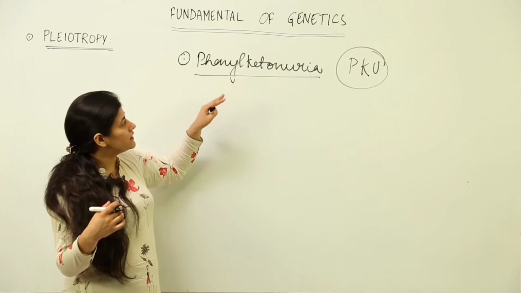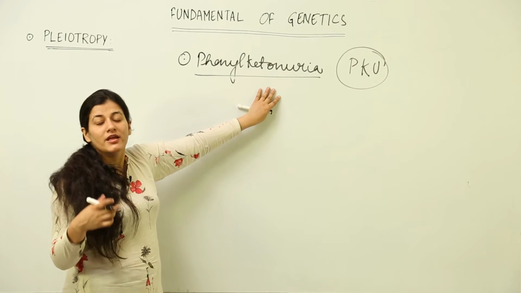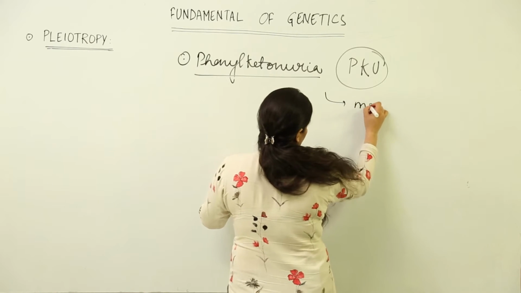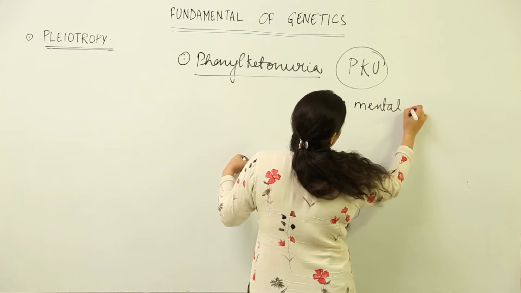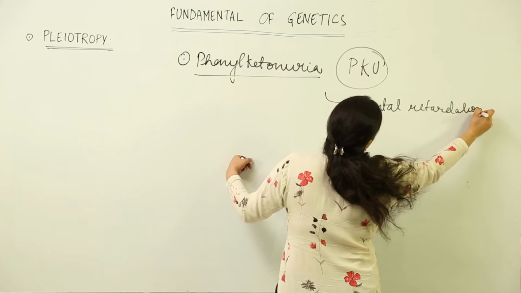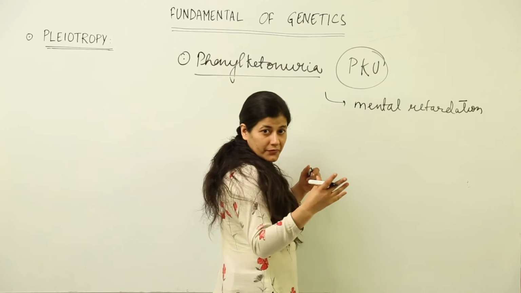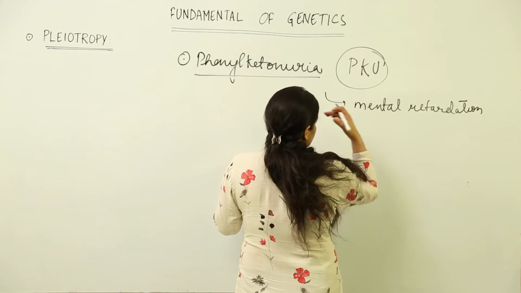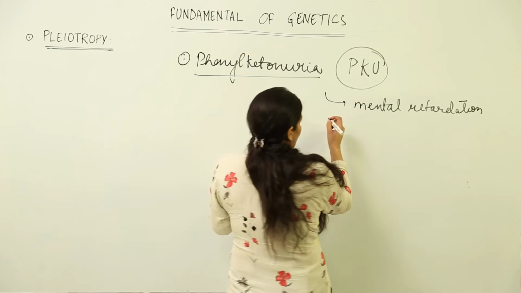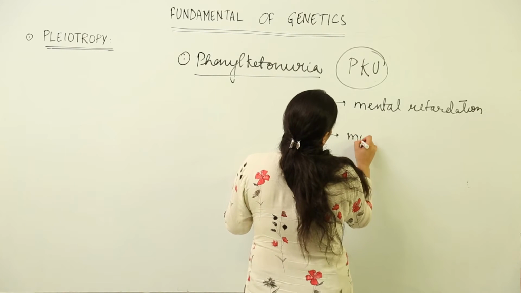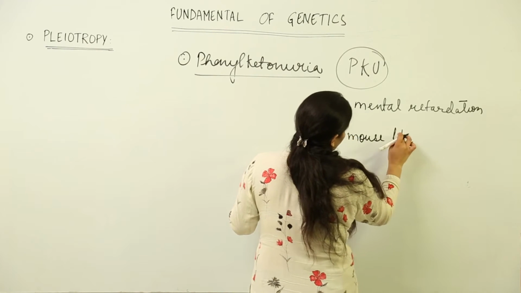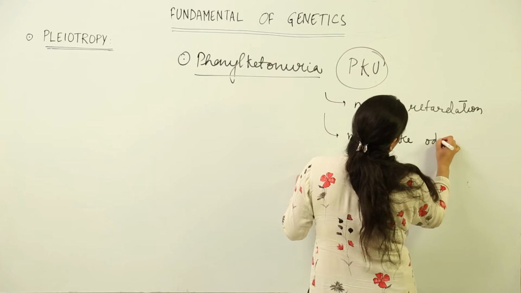So in case the disease is in its full-fledged form, then what do you find in the children suffering from this disease is a high degree of mental retardation, where we see seizures. Okay, a lot of seizures and bipolar sort of activity. There is a mouse-like smell, mouse-like odor in the individuals.